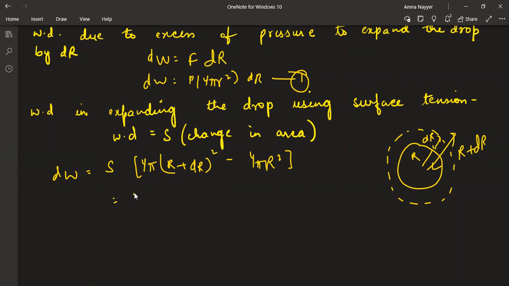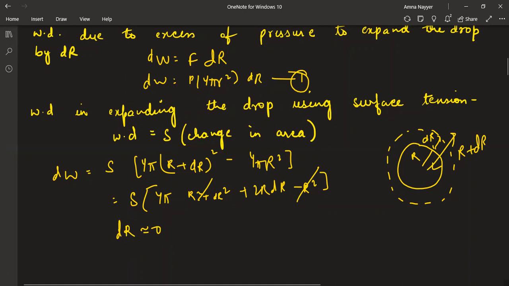A plus b whole square identity we can use. Let's use that one. R square plus dR square plus 2R dR minus R square. R square gets cancelled.